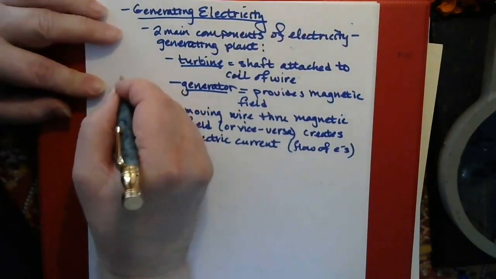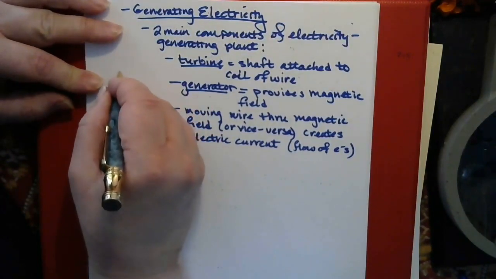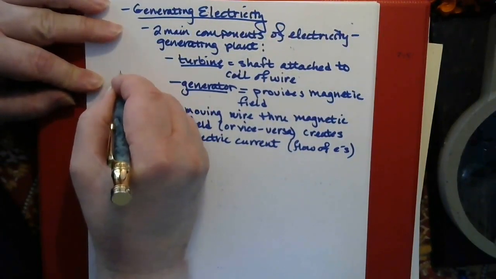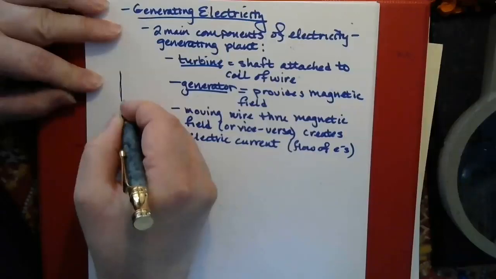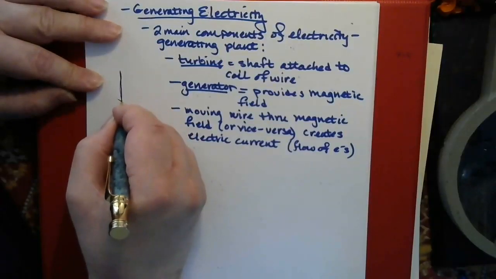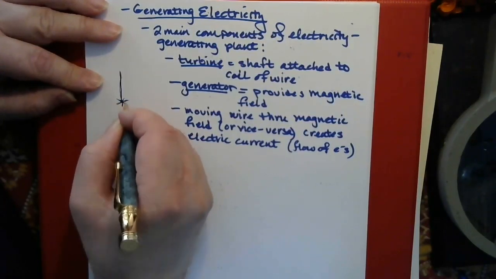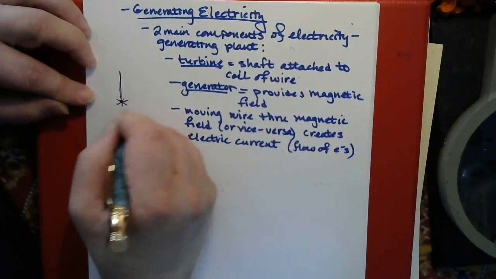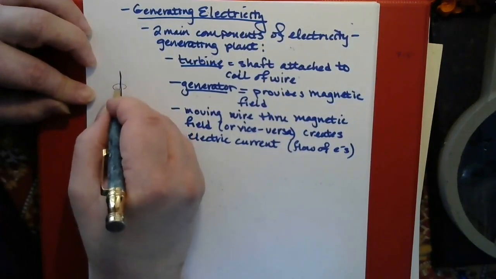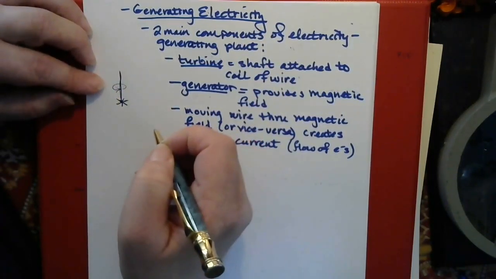The turbine in a power plant is like a long shaft, and it often has something like a fan, or fan blades, on one end of it, so that something can come along and cause the shaft to rotate.